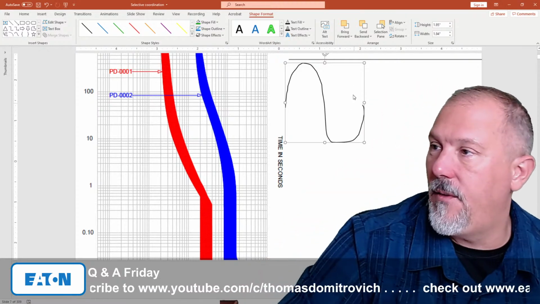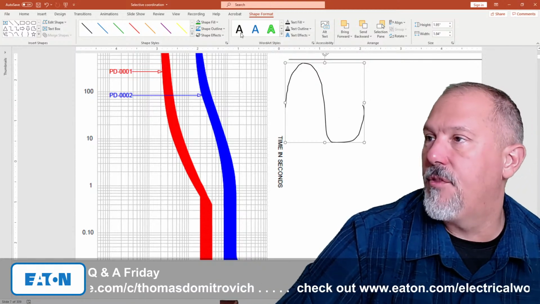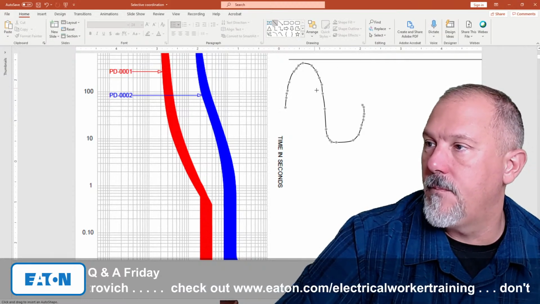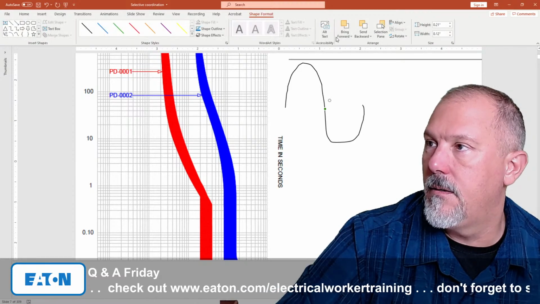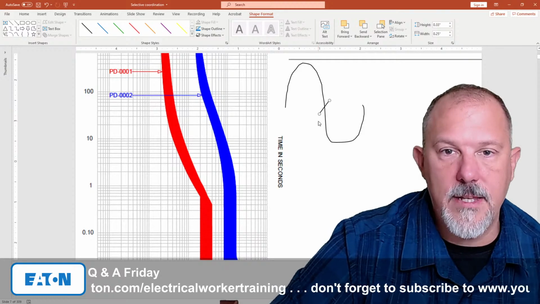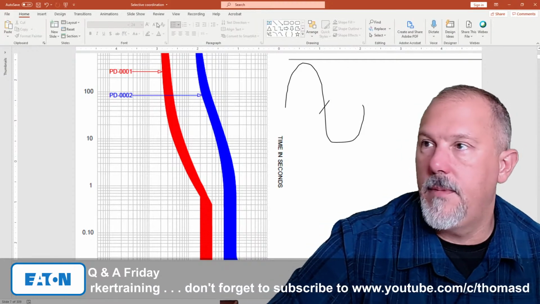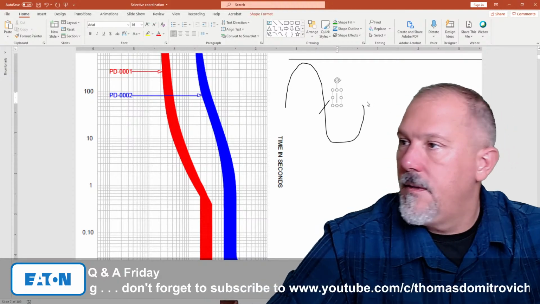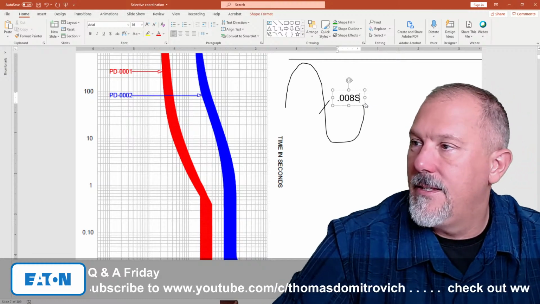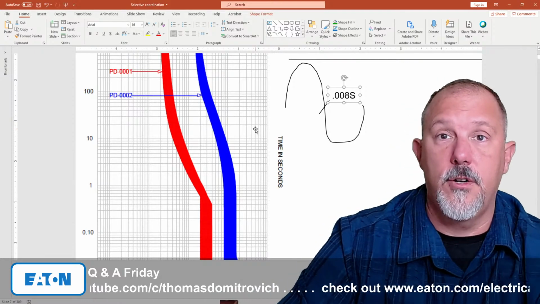If this is 0.016, halfway through right there, let me add a text box, this is 0.008 seconds. I'm not even showing that on this curve.